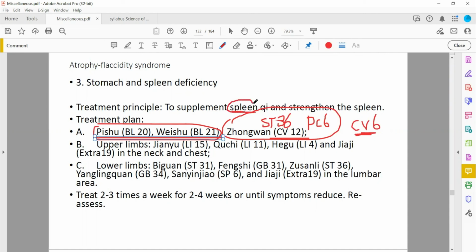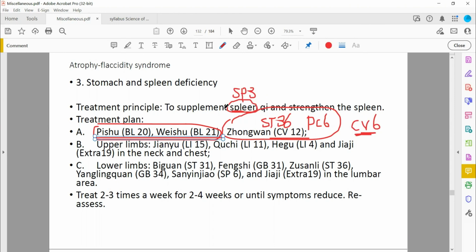Any other point you will use that is good for the spleen? SP6, you have it already here. SP6 and SP3, right? SP3, the yuan source point, good for the organ.